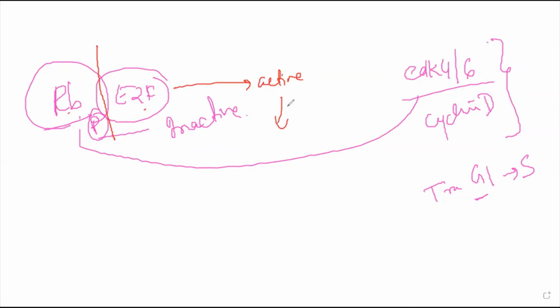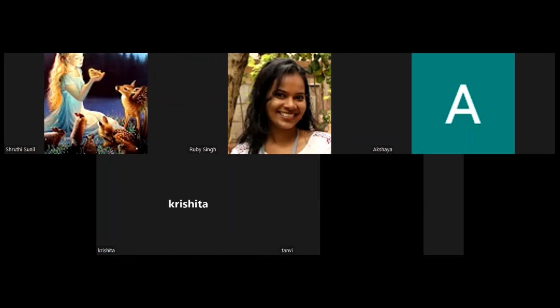It will result in the gene expression of the proteins or enzymes required for cell cycle progression. So retinoblastoma without phosphorylation keeps your E2F inactive. After phosphorylation, it undergoes a conformational change and E2F becomes active, and it goes for gene expression. Clear?